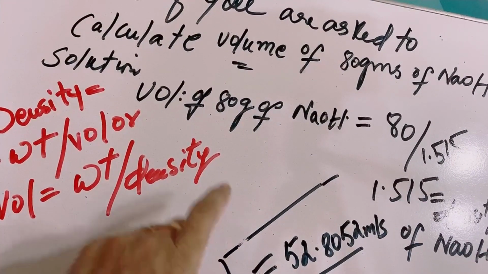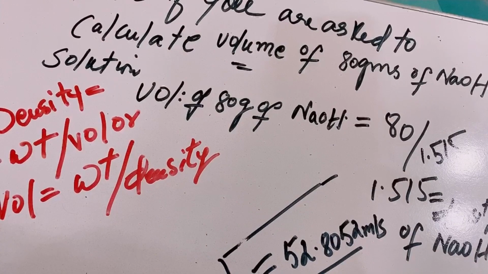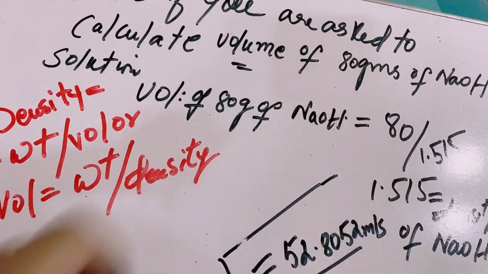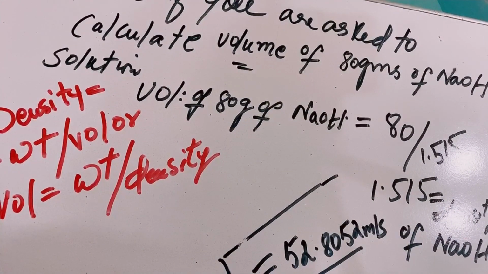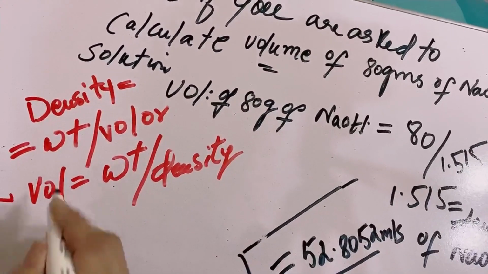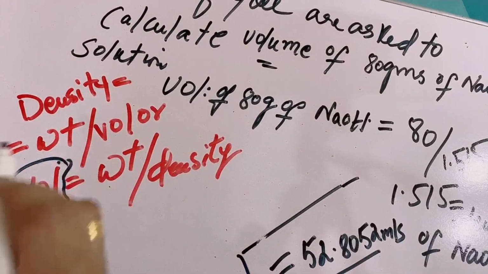This would be the volume of 80 grams of sodium hydroxide. You simply divide the weight by the density and you get your volume. In this way you can calculate the volume easily.